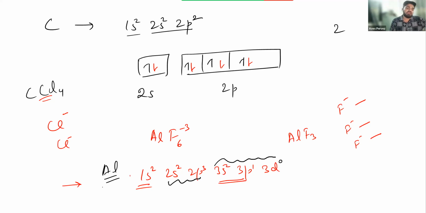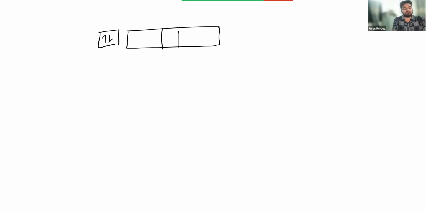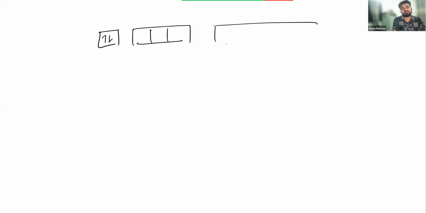Yes. Now what is going to happen here? We have the third shell. This is 3s, which is going to have 2, this is p, and this is d. 1, 2, 3, 4. Now this is the aluminium electronic configuration, 3s2 and 3p1, with 13 electrons.